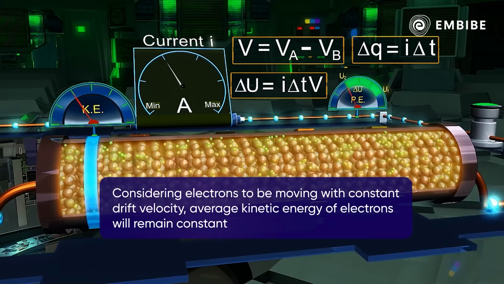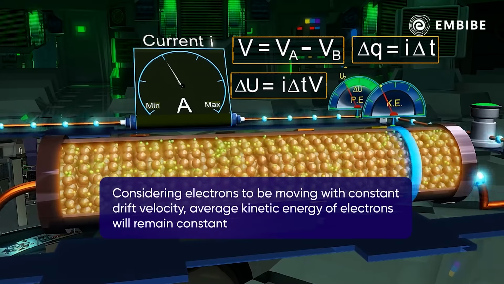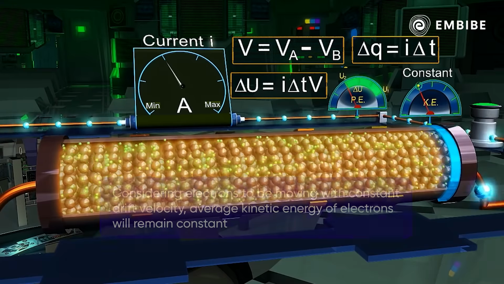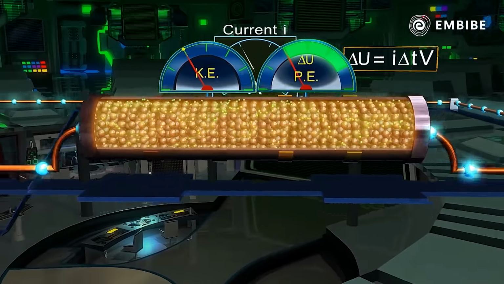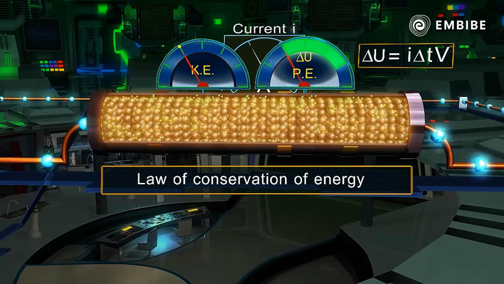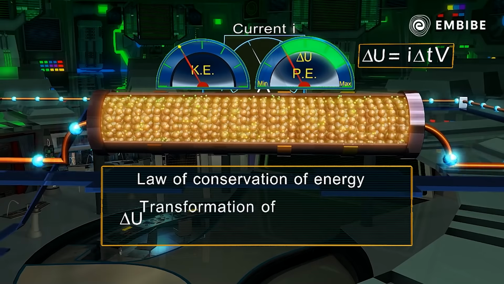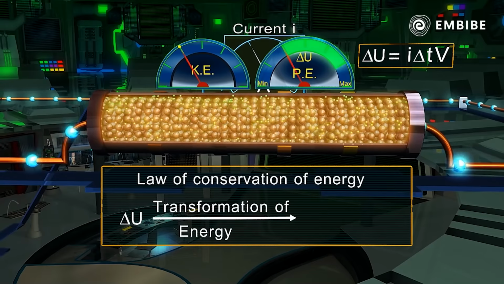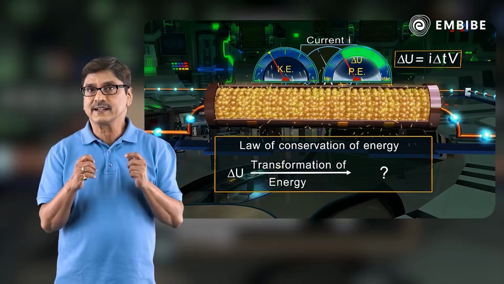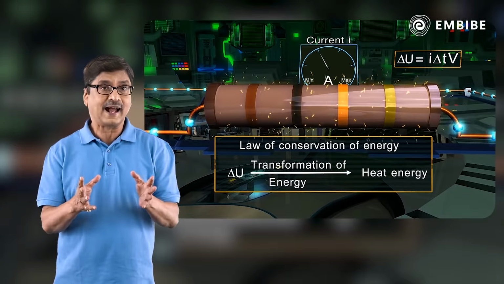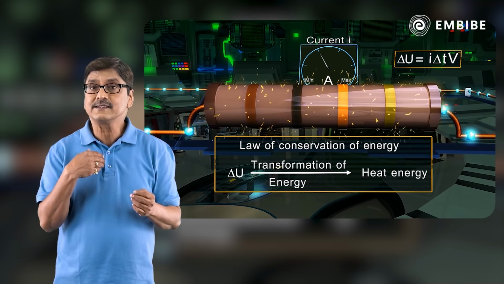Since the charge moves through the resistor with constant drift speed, the average kinetic energy remains constant while the potential energy decreases. By the law of conservation of energy, the decrease in electrical potential energy should be accompanied with a transfer of energy to some other form. In this case, the loss in electric potential energy appears as the heat energy of the resistor, and consequently it gets heated up.